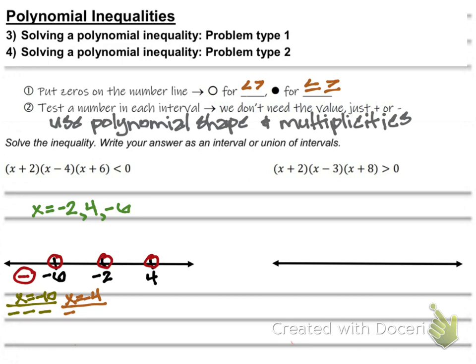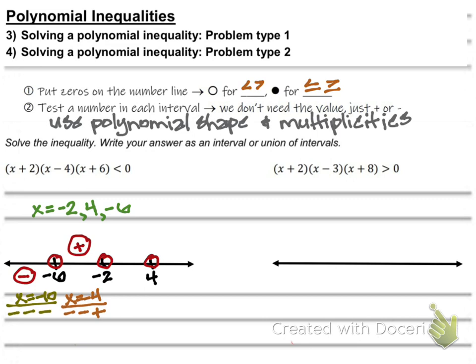Negative 4 minus 4 gives me a negative number. But negative 4 plus 6 gives me a positive number. So, between negative 6 and negative 2, my graph is positive. Negative 4 minus 4 is negative 8.